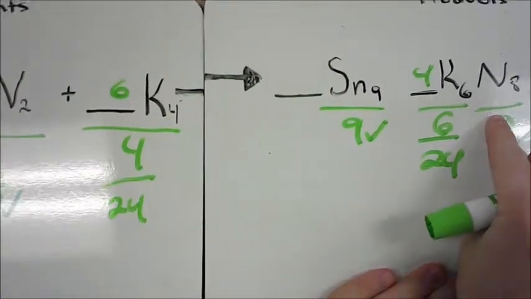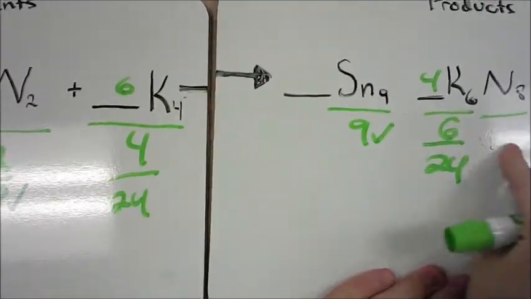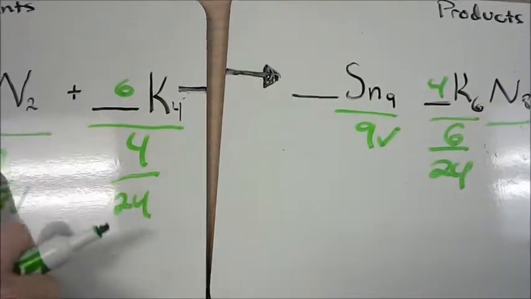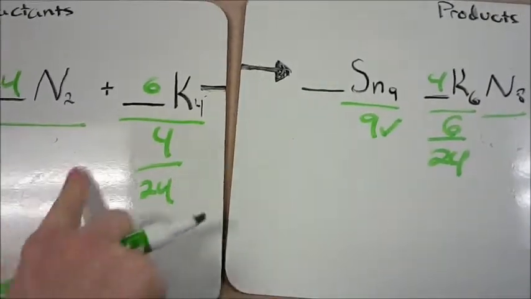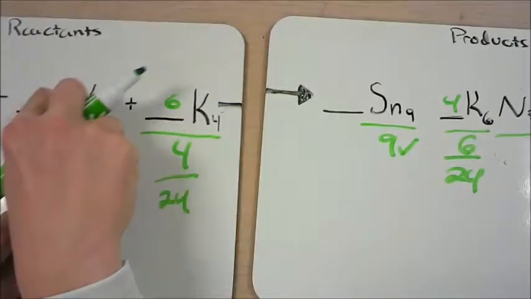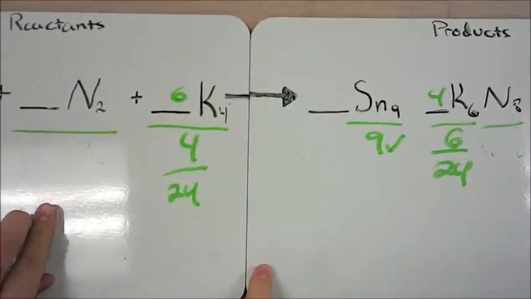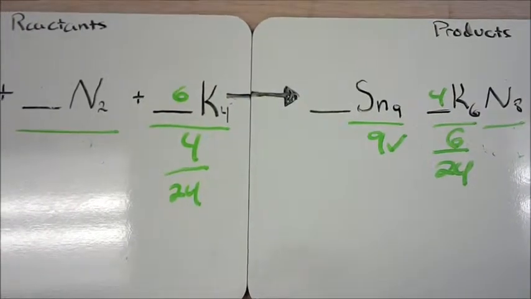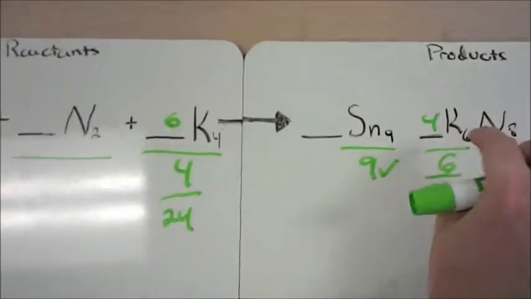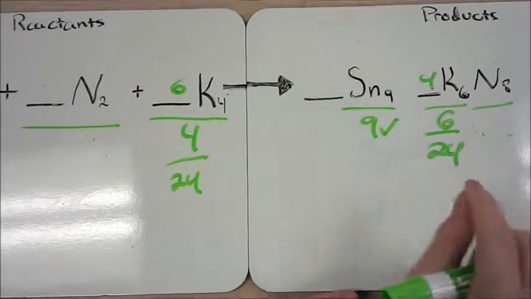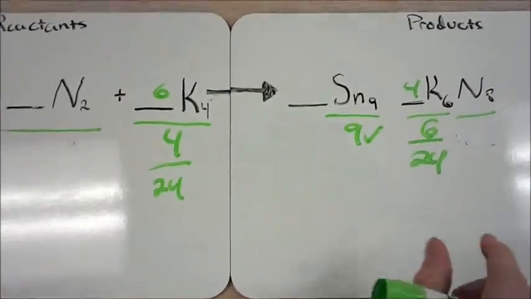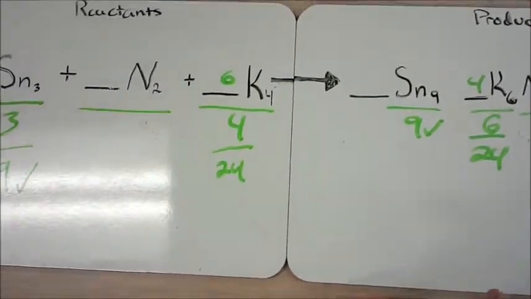Alright, but now what changes is that these two atoms are connected. So these two atoms are going to change. We're going to change the coefficient so both the atoms can be equal on each side. So now you have to multiply 4 by N8 because that's the coefficient, and the coefficient multiplies every atom behind it.